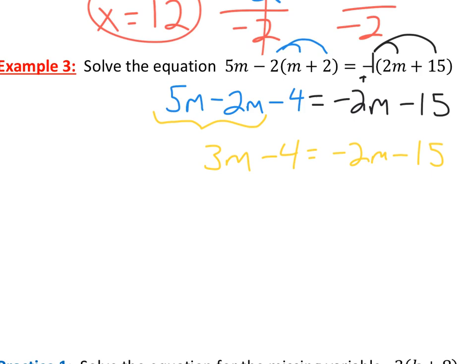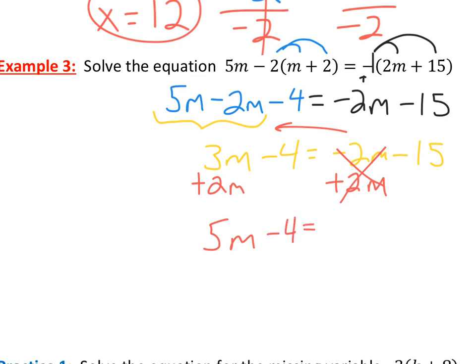The second step I had listed was to move the variables to one side. So I'm going to again choose to move it to the left side. So I'm going to add 2m to both sides. These will cancel. Give me 5m minus 4 comes down equals negative 15 on the right side. Now that I have the variables on the side, it's simply a two-step equation.